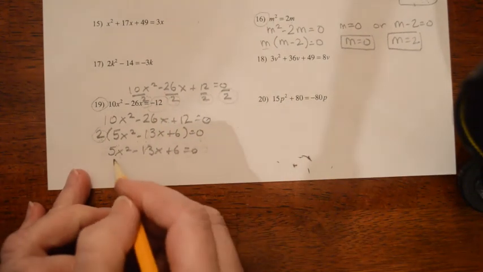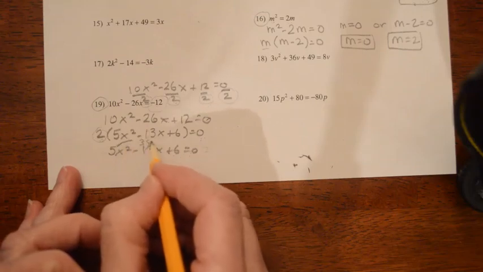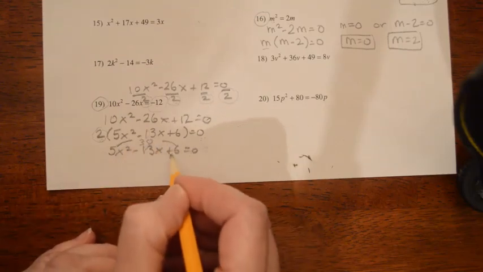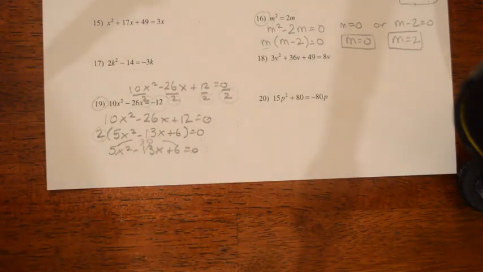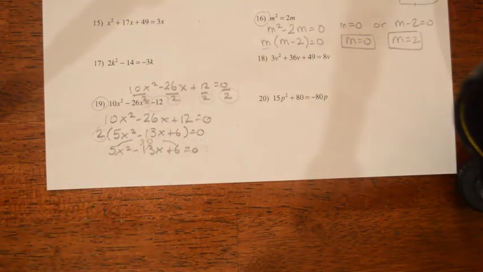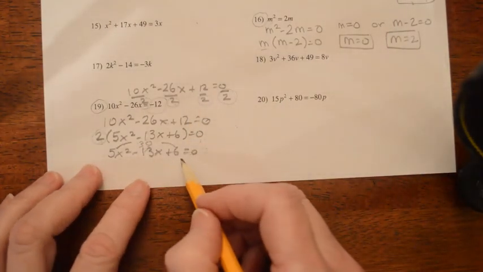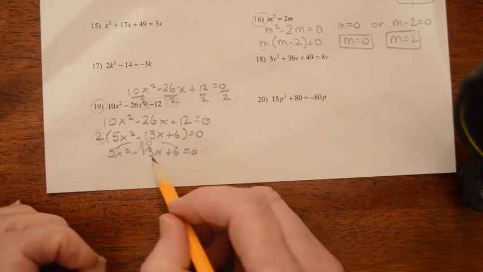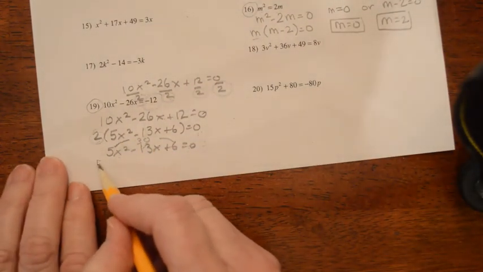So now we're at this point. We're looking for 2 things that multiply to 30 that add to 13. Hopefully you said 10 and 3. 10 and 3 add to 13, and they also multiply to 30. So this is going to be 5x squared.